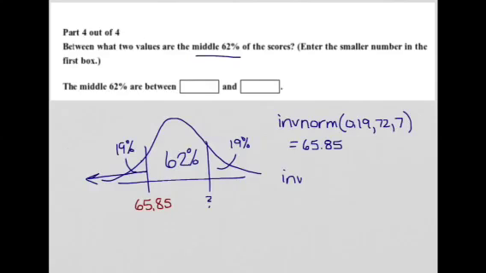Now there's a couple of ways to do this. I can add together the 19% and the 62%, or I could just take 100% minus the 19% in the top. Either way, I get 81%. So I'm going to put 81% here, comma, 72, comma, 7.